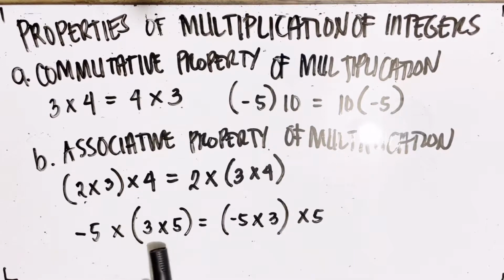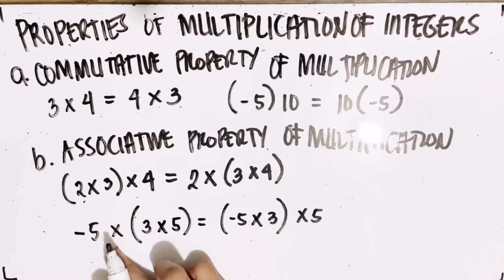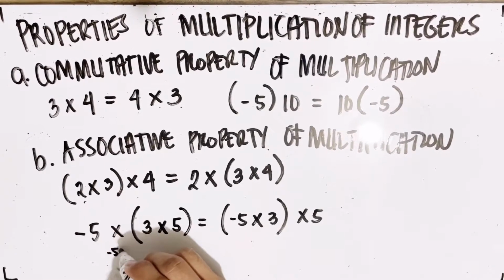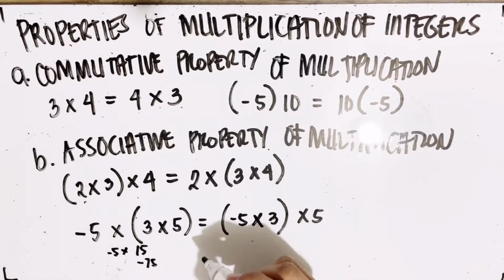So here, 3 times 5 is 15. 15 times negative 5, that is equal to, again, negative 5 times 15, that is equal to negative 75. So let's see if the answer on the right side is also negative 75.